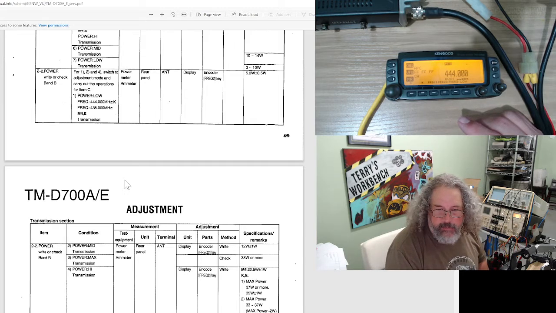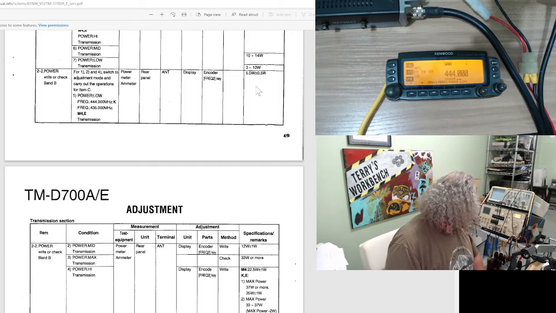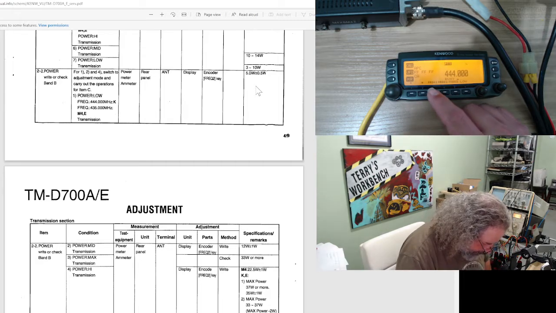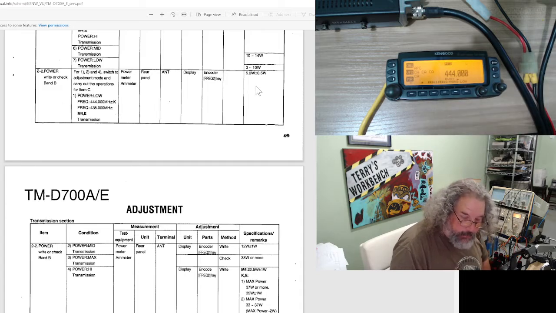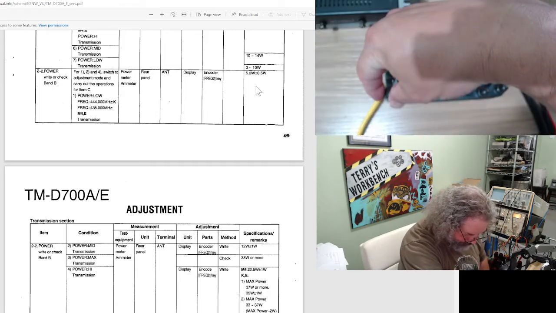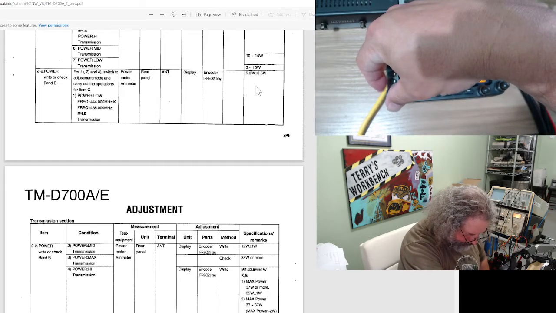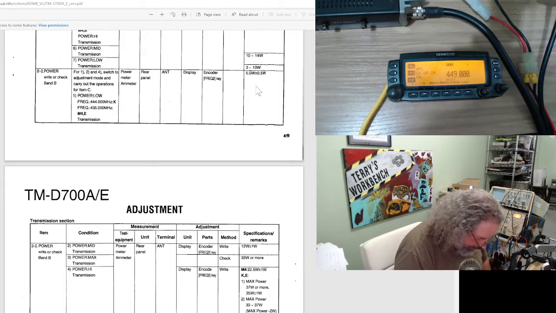It says that we should expect 5 watts. Almost 5 watts, not quite. That works. I'm not even going to go through all that nonsense again. I'll tell you what, before we do that, 5 watts, yeah. I ain't going through all that nonsense.